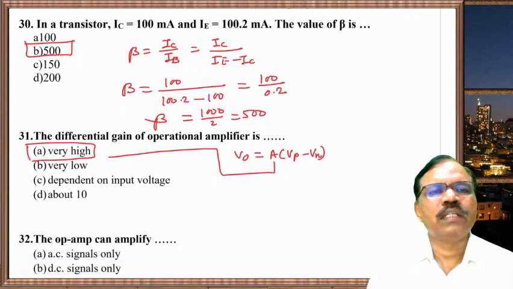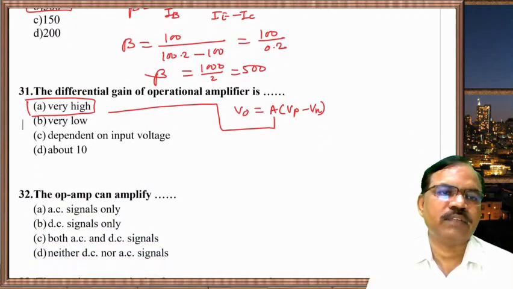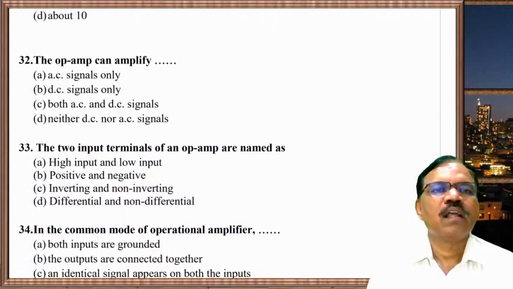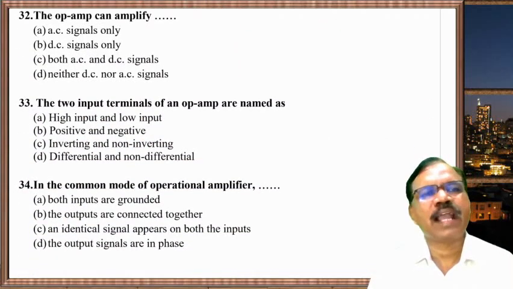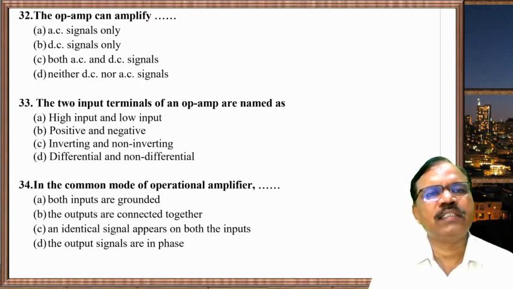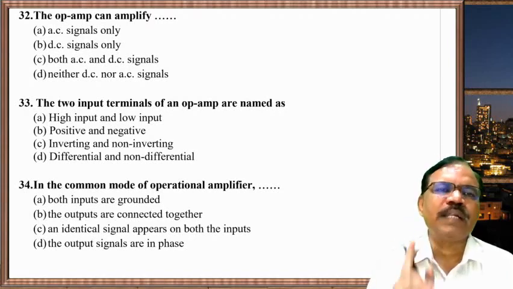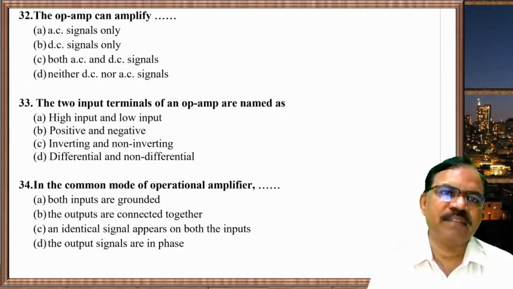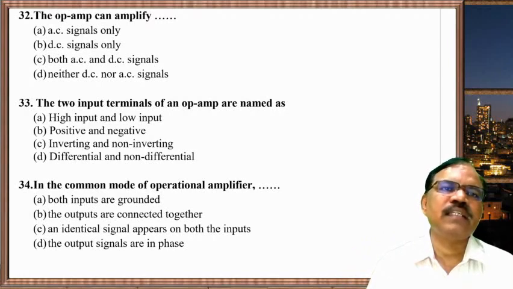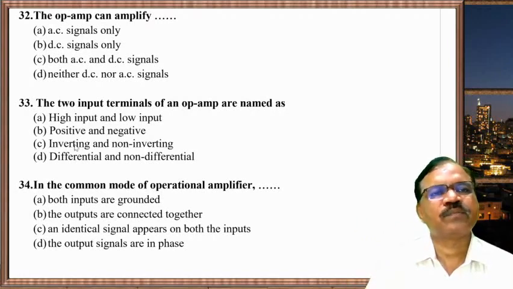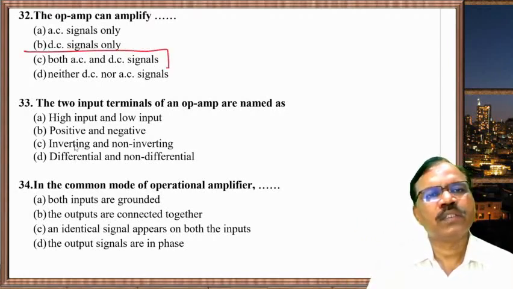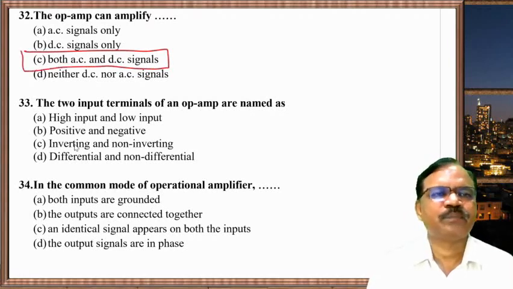So the differential gain of operational amplifier is very large. The operational amplifier can amplify AC signals only, DC signals only, both AC and DC signals, neither DC nor AC signals. Operational amplifier amplifies AC as well as DC signals. So this one is correct.